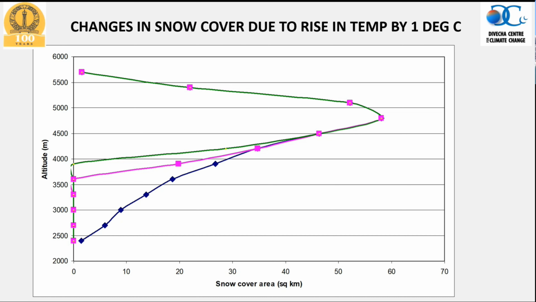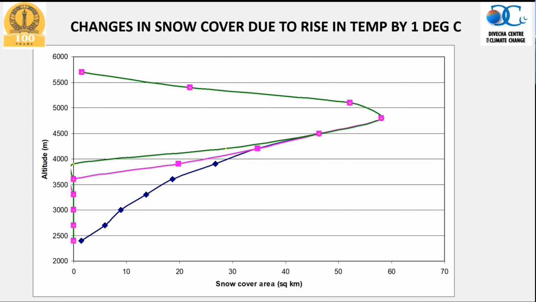The first, let us look into what will happen to snow cover if there is a 1 degree rise in temperature. So what is the idea in this: in this figure, you can see the snow cover area in square kilometers and its altitude.